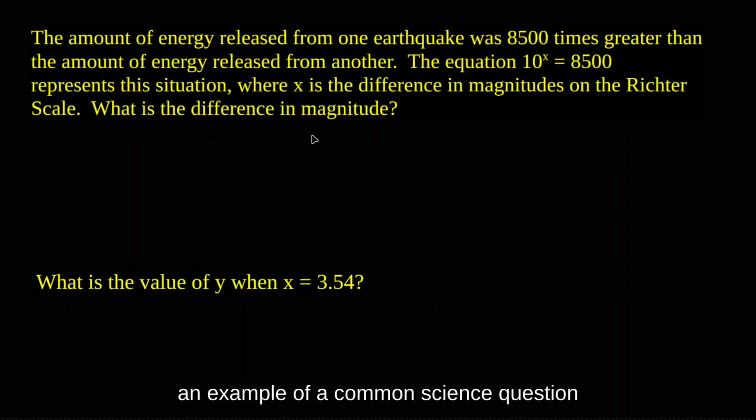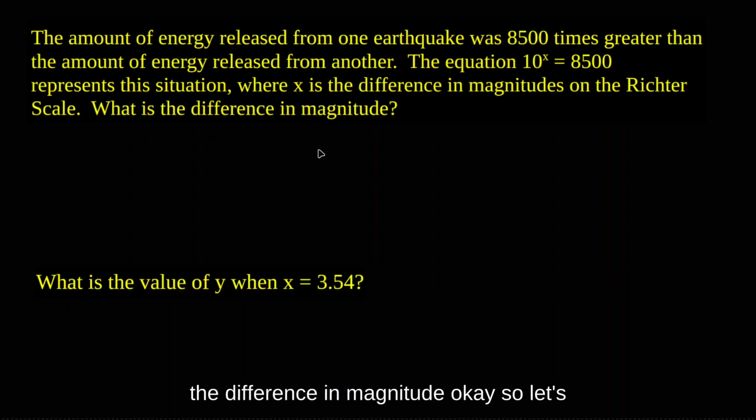Here's an example of a common science question that may use logarithms. The amount of energy released from one earthquake is 8,500 times greater than the amount of energy released from another. The equation 10 to the x is equal to 8,500 represents this situation, where x is the difference in magnitude on a Richter scale.